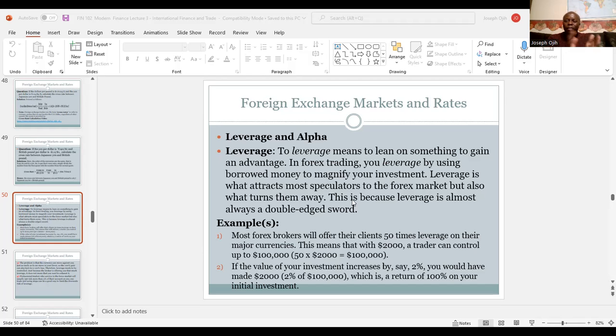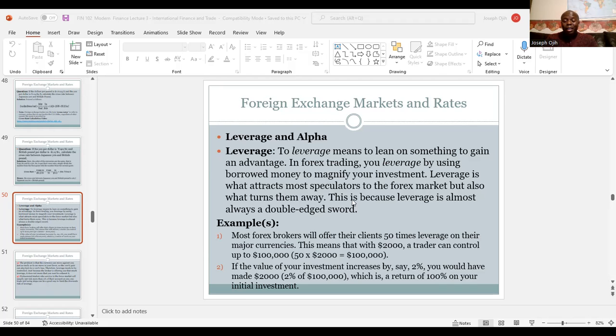So with different currencies, the gain is so small that the way you can actually make a good gain is by increasing the size of your transaction. That's where leverage comes in here. It helps you to magnify the amount of transaction and in turn magnify the return on your investment.